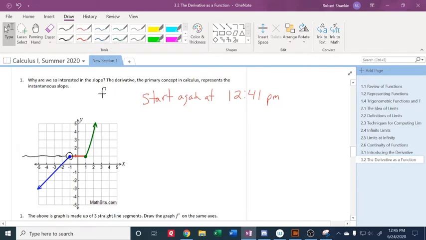Now, for the red portion, the slope is 0 there. It rises 0 every time we run to the right 1. Again, the derivative is not defined at this endpoint, because you're going to get 2 different values of slope when you approach from the left and the right.